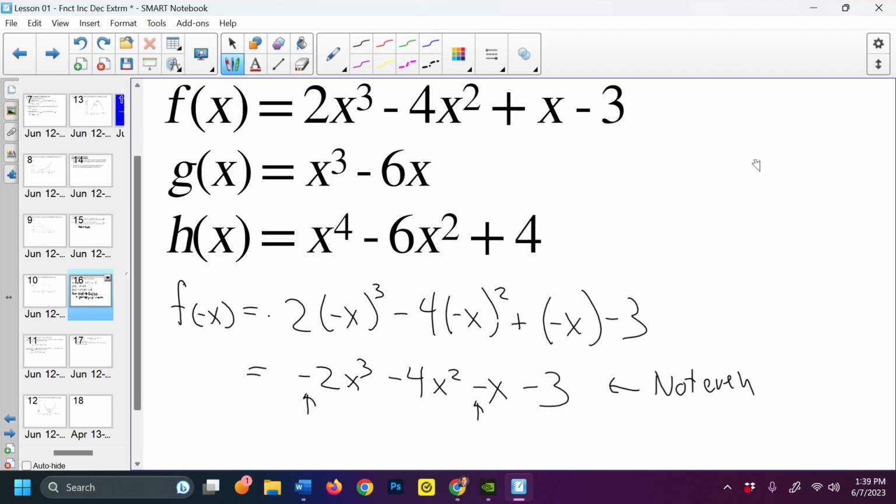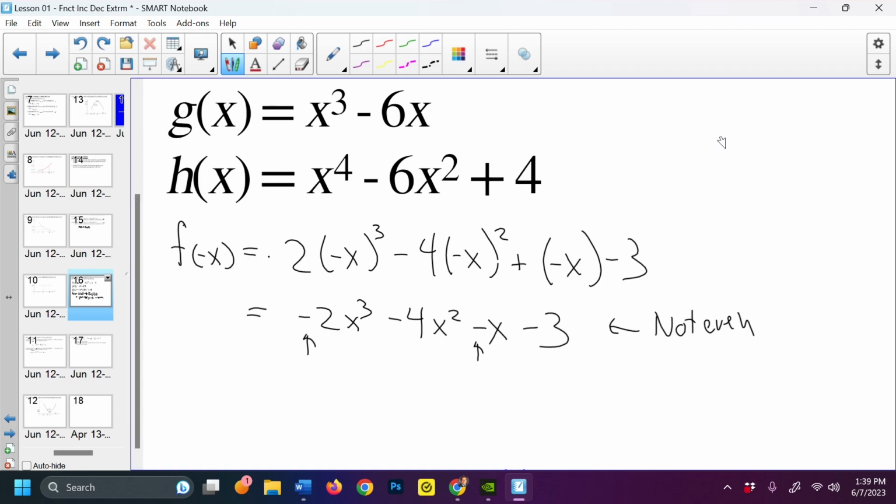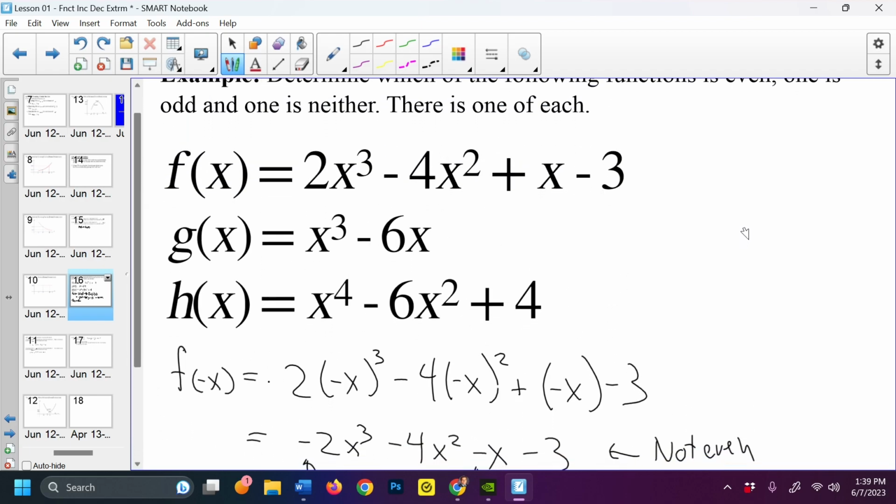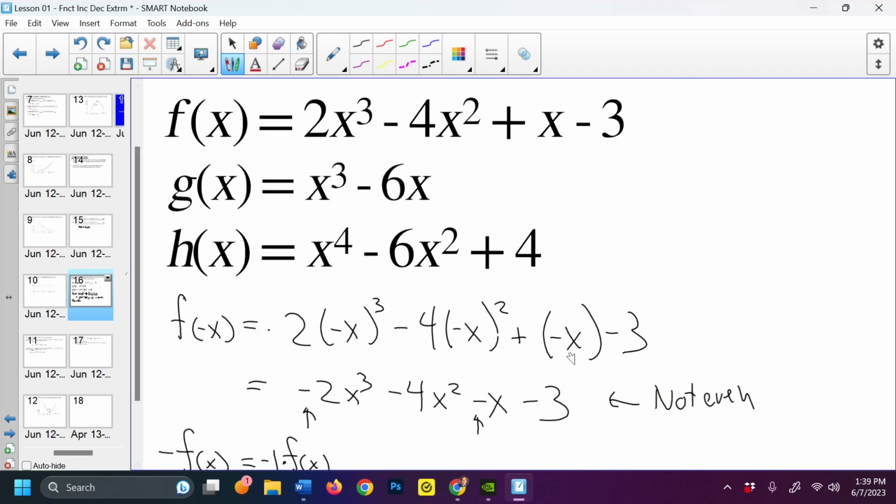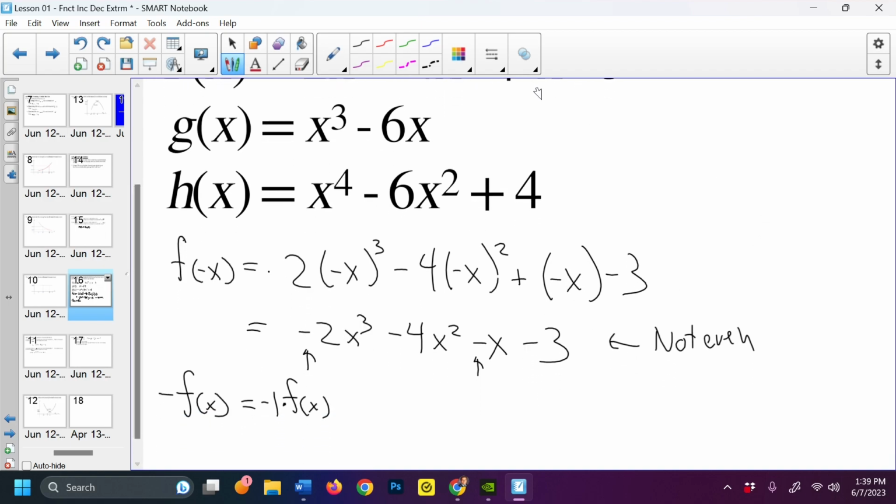All right. So then what I need to do is find negative f of x. Now negative f of x is easy. It's just f of x times negative 1. We're just going to distribute a negative to all of these terms. So 2x to the third times negative 1 is negative 2x to the third.